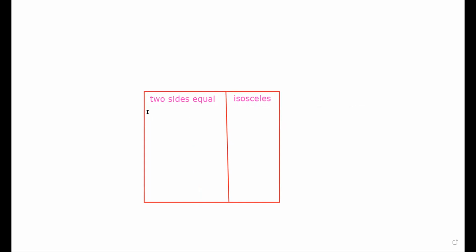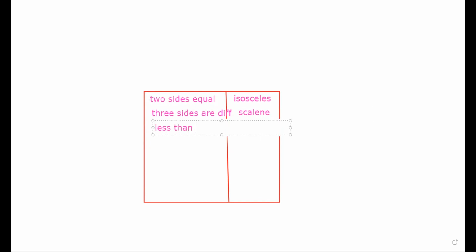If three sides are not the same, all three sides are different, it's called scalene. Did you understand these two?